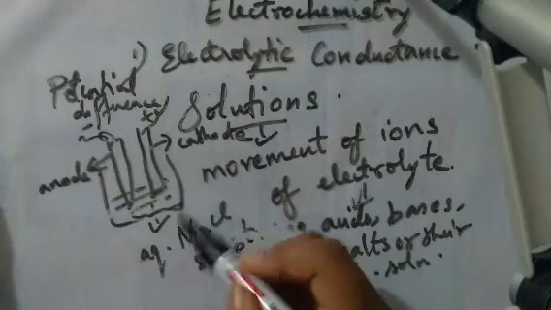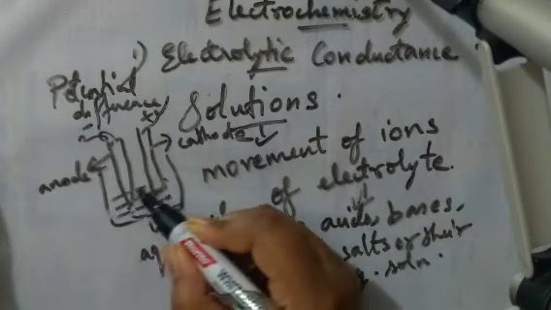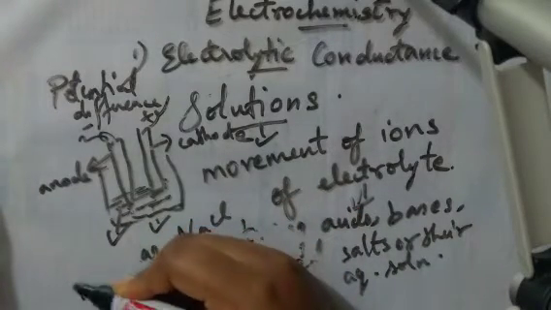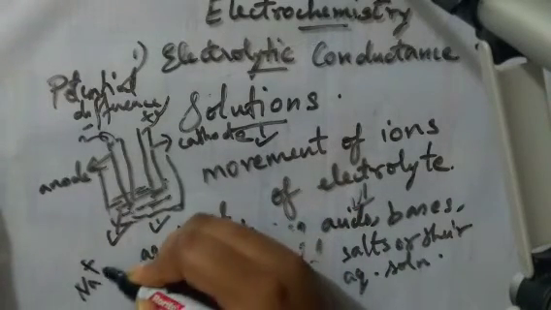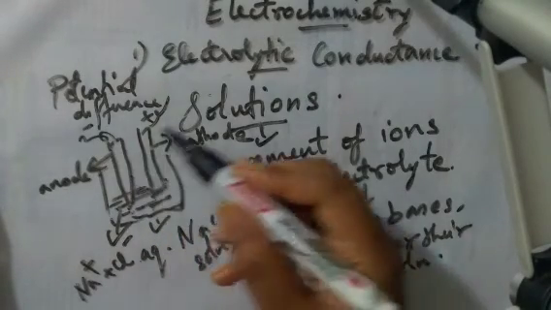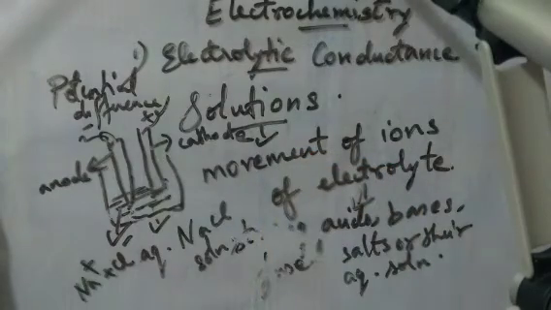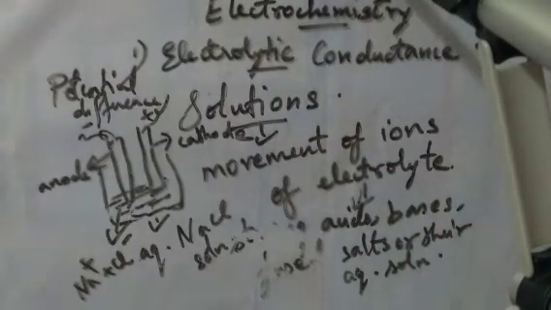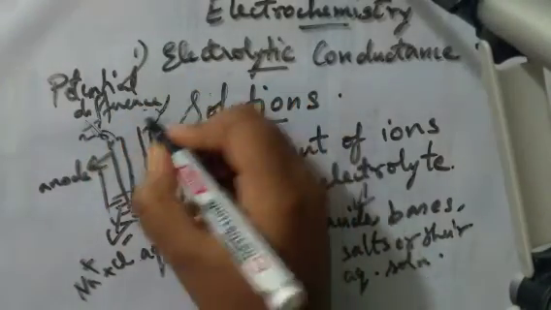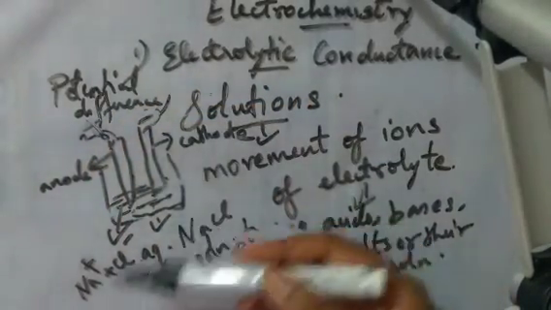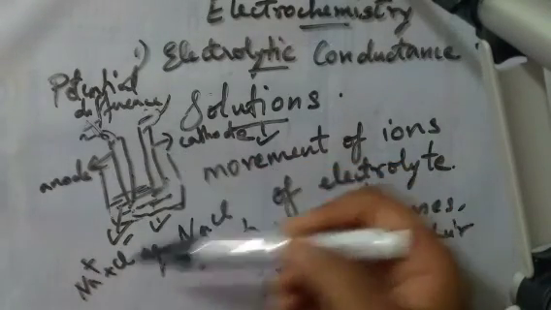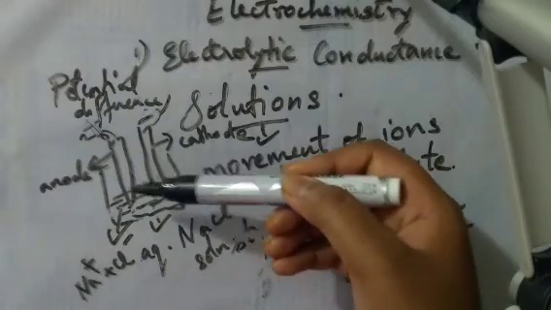When NaCl is dissolved in water, it splits into Na+ and Cl-. The positive electrode is the anode and the negative electrode is the cathode. Na+ ions, being positively charged, get attracted towards the cathode and Cl- ions get attracted towards the anode.